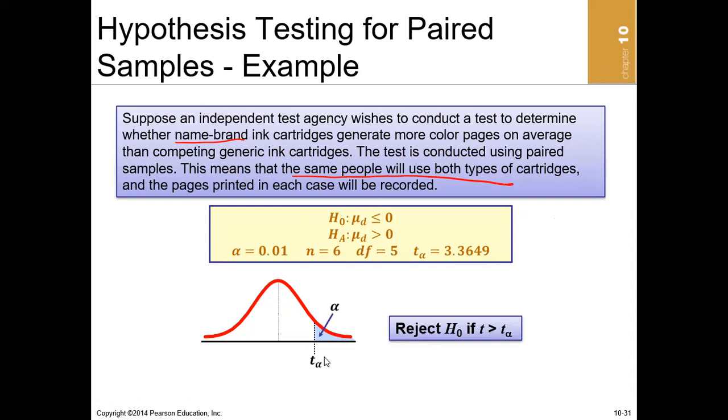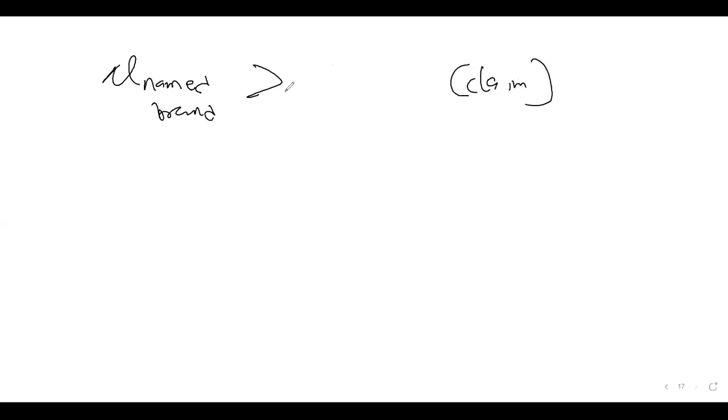This simply means that the average number of pages printed by the name brand is greater than, that's the claim, the average number of pages of the generic brand.